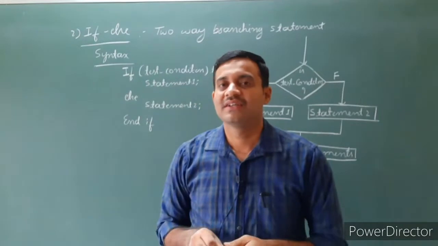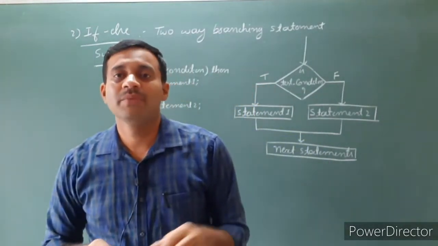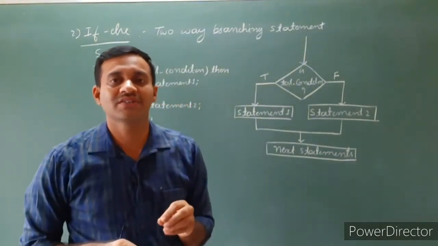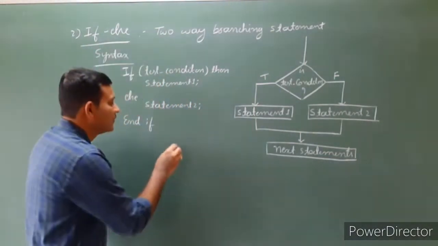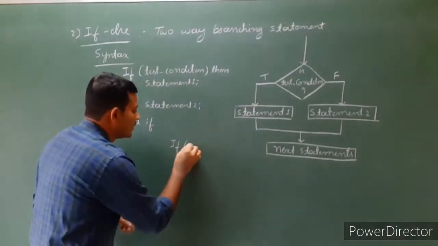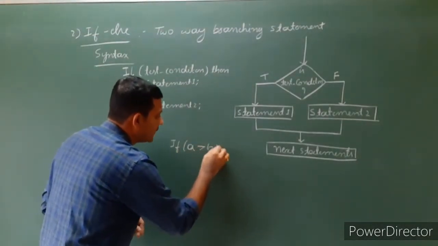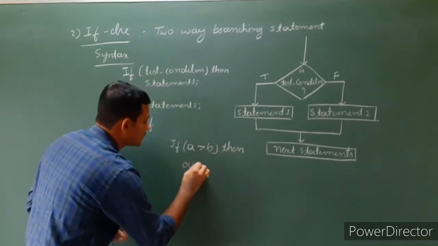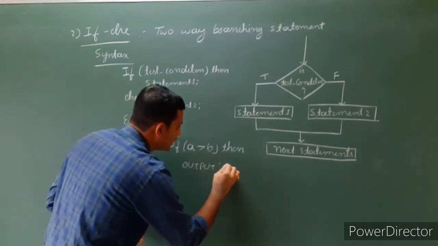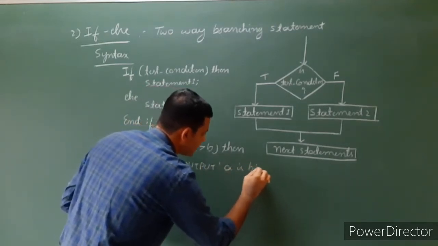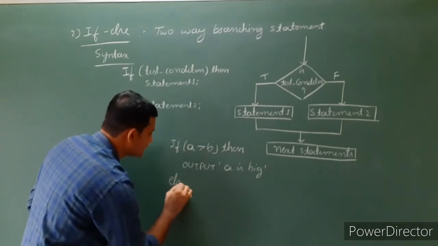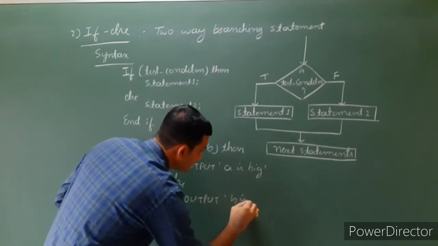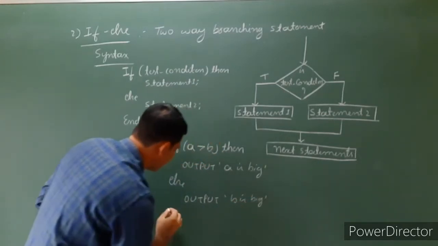For the if else construct, the best example is the biggest among two numbers. We already wrote the algorithm and flowchart for it. There we write: if A is greater than B, then output A is big, else output B is big.